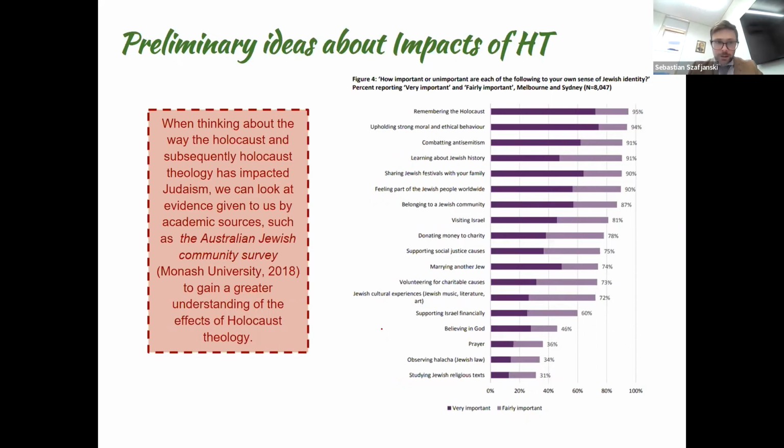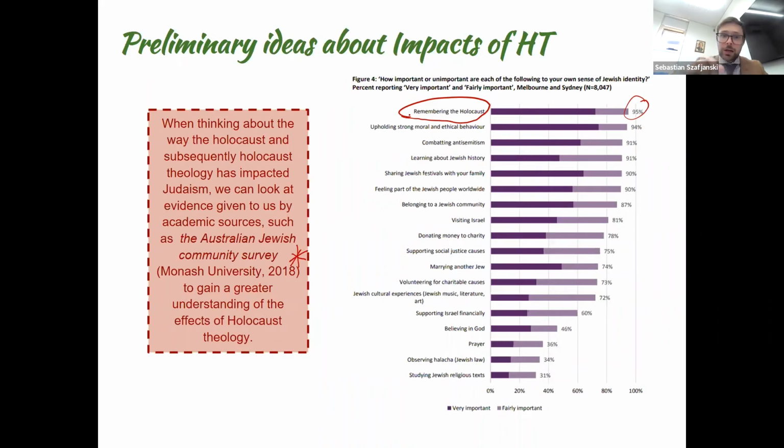You can Google it, guys, if you want to. That's the title just here. Figure 4 is looking at how important or unimportant each of the following is to a Jewish person's sense of identity. If you look at number 1, 95%, the number one thing that Jewish adherents in Australia surveyed said is remembering the Holocaust.